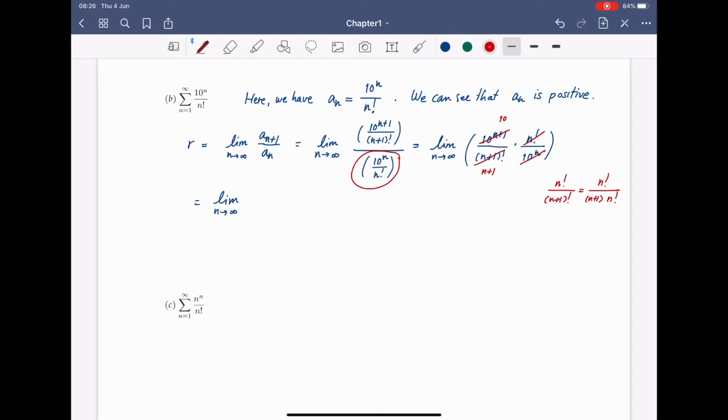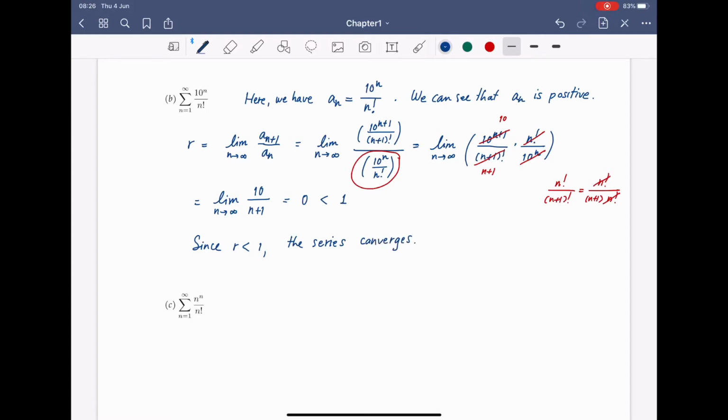So that means n plus 1 times n factorial, and this thing cancels. So now you have left 10 over n plus 1, and this limit is 0, which is less than 1 as well. So this question is also convergent. Since r is less than 1, the series converges.